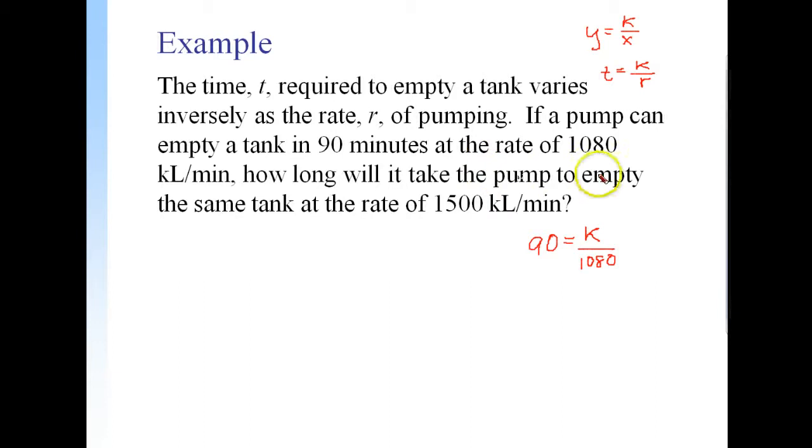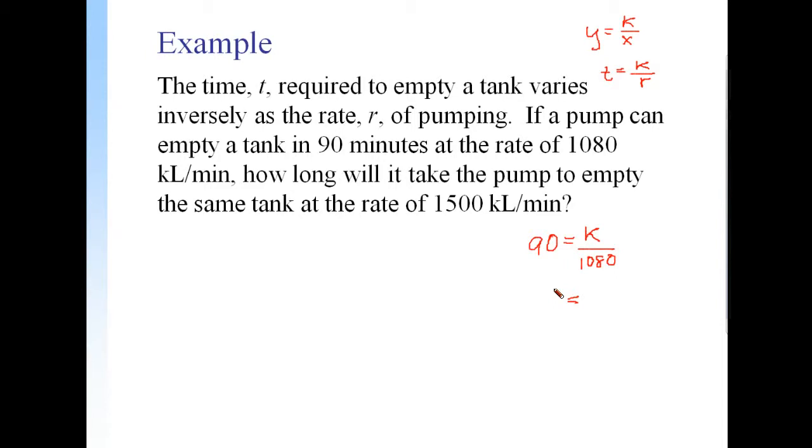How long will it take the pump to empty the same tank at the rate of this? Well, what we have to do is find our constant of variation. Now, our constant of variation is found by multiplying the 90 by 1080.